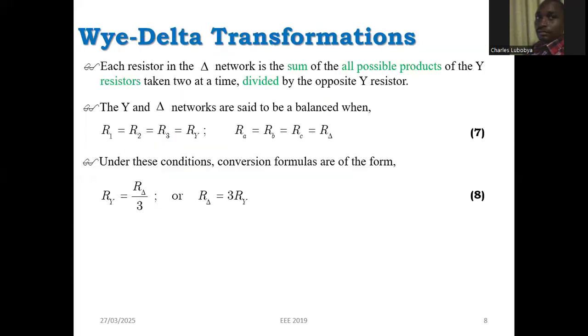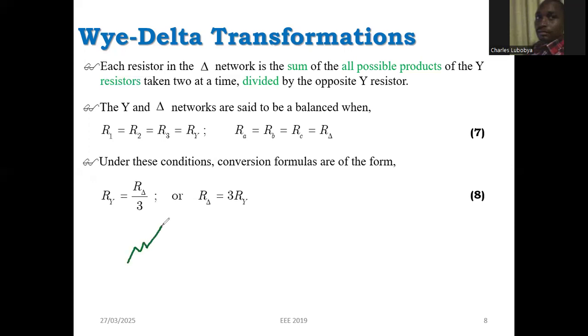Now, situations may arise where the resistors connected in delta are the same. So RA, RB, and RC are the same. They have the same value. The question is, how do you convert them to the star equivalent?